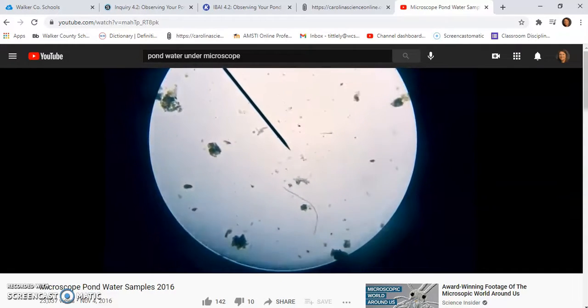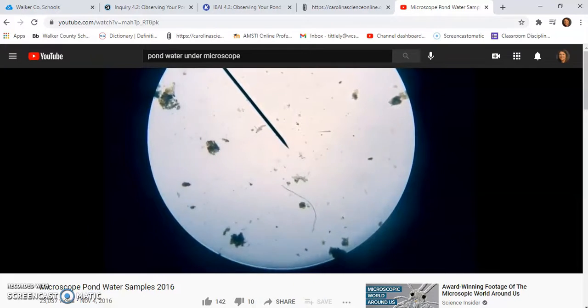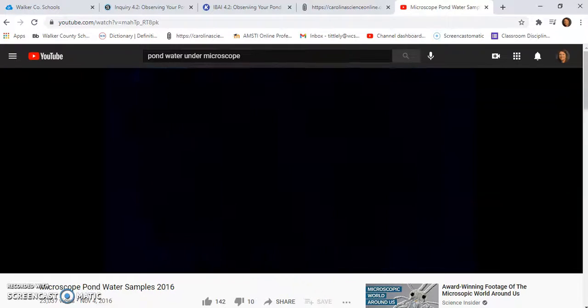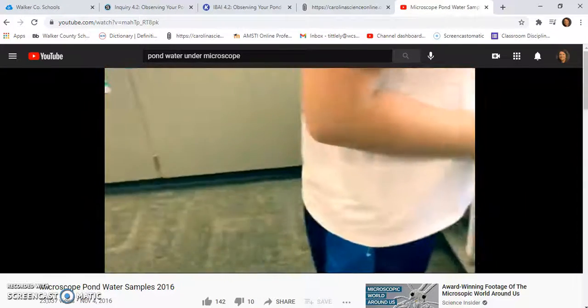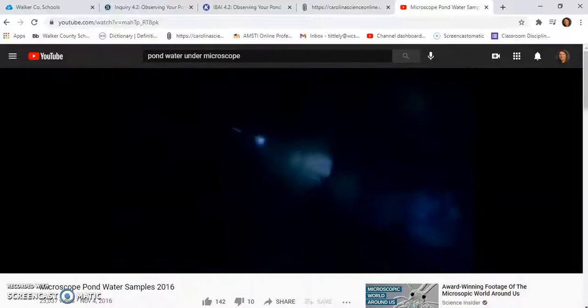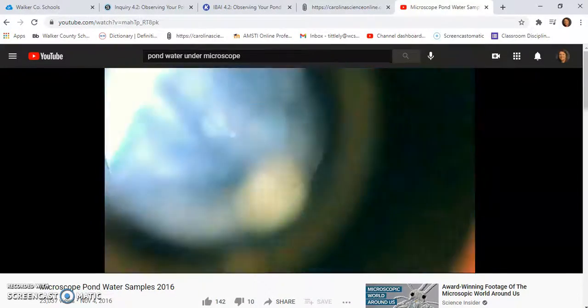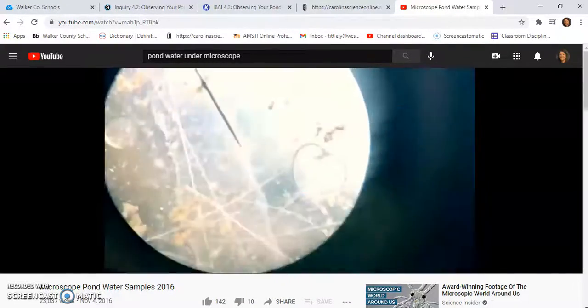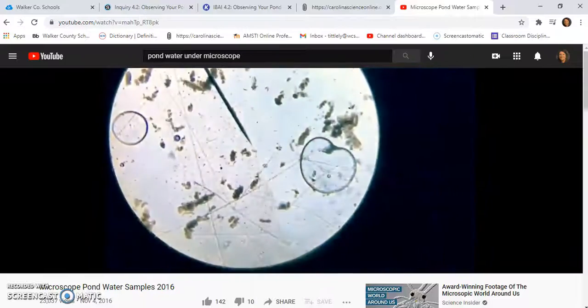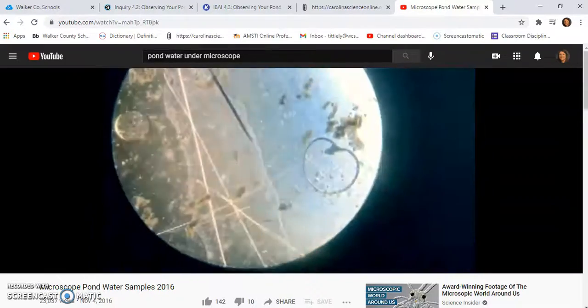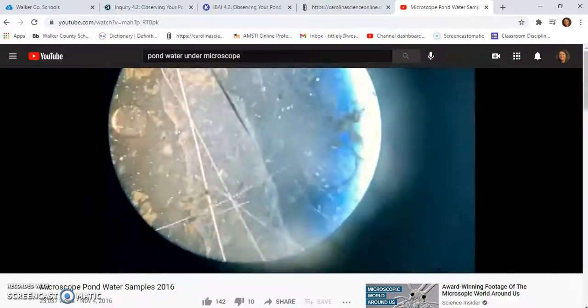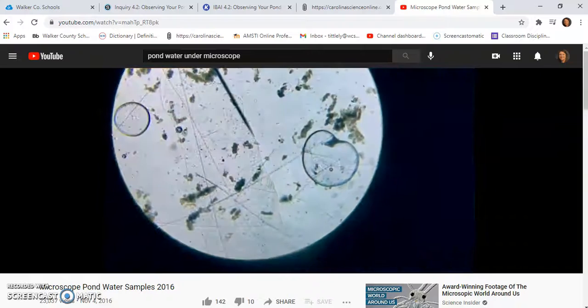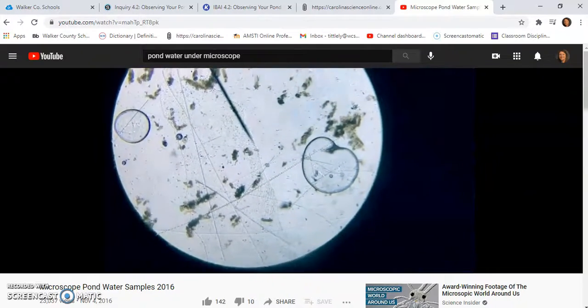Okay, this is on low power at this moment. Let's see if he switches to, he's going around to each of the students' microscopes. Let's see if they switch to medium power on any of these. Again, this kind of looks like this one is on low power.